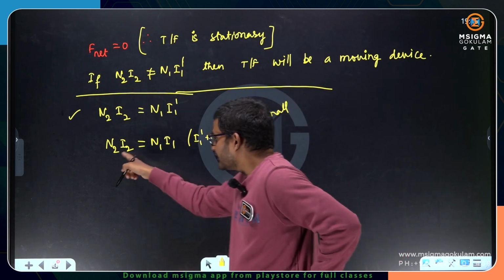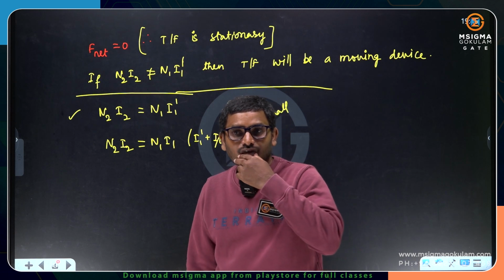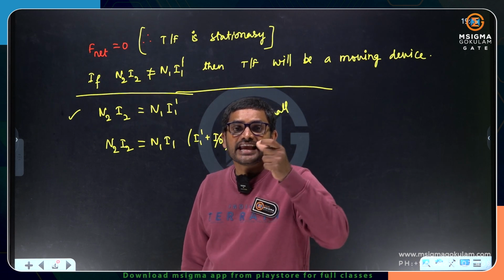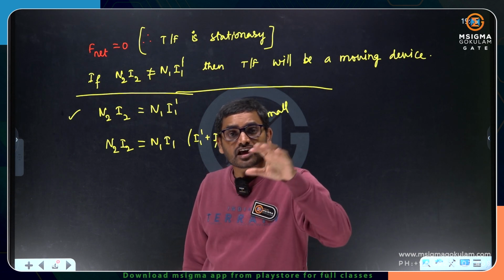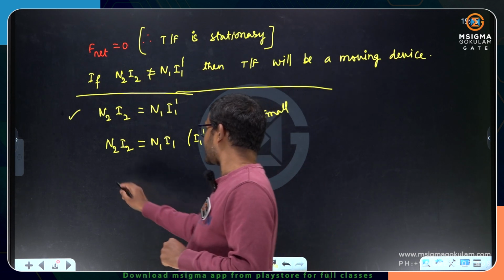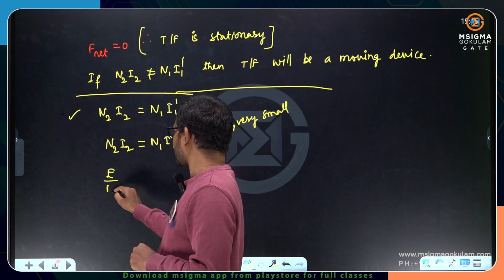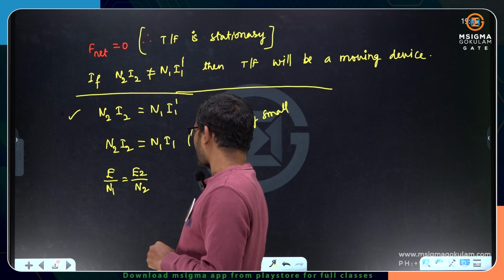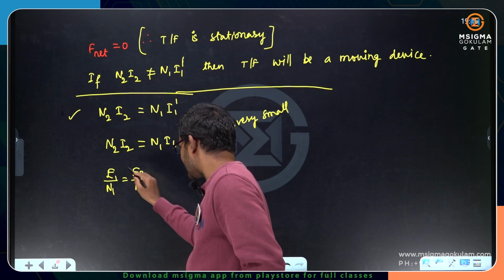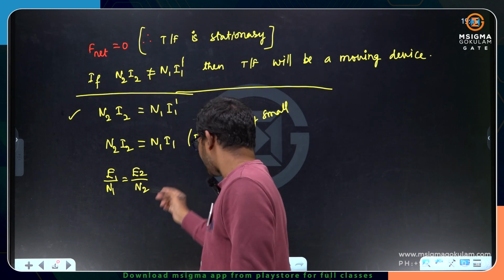We know during the EMF equation I said EMF per turn on both the sides is equal. We know that E1 by N1 is equal to E2 by N2. Or else I can write it as E1 by E2 is equal to N1 by N2.